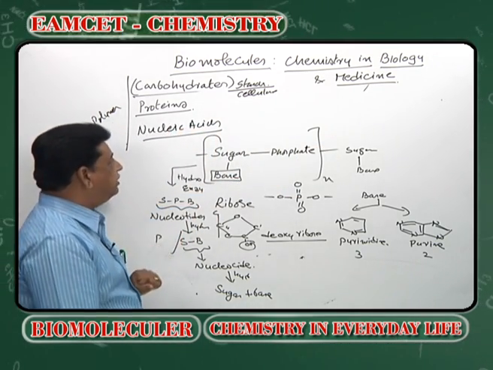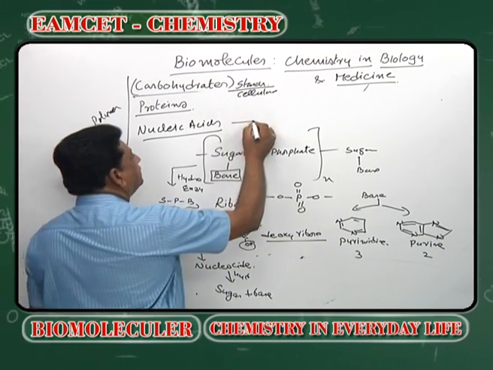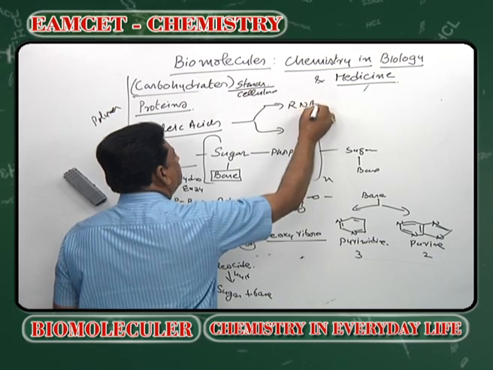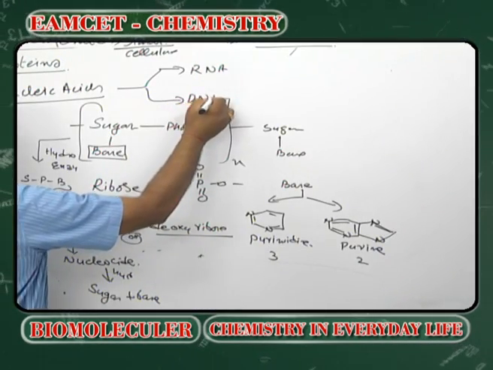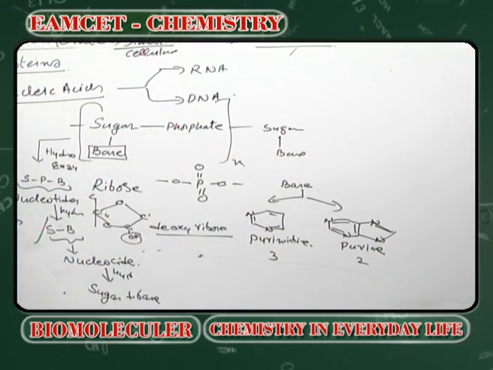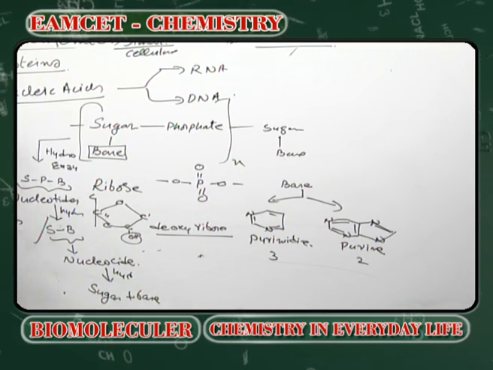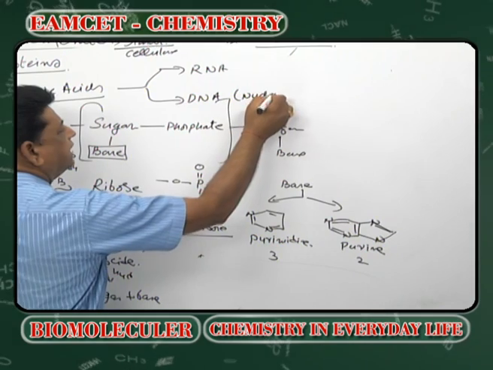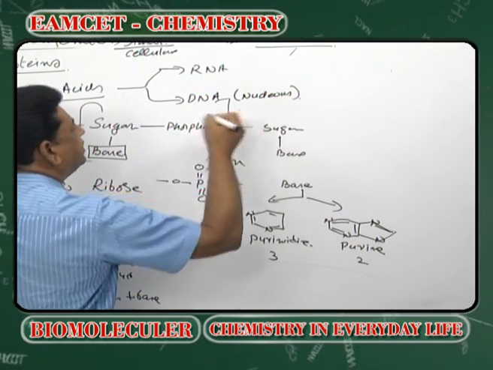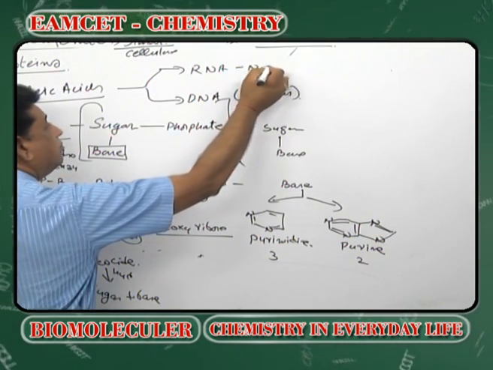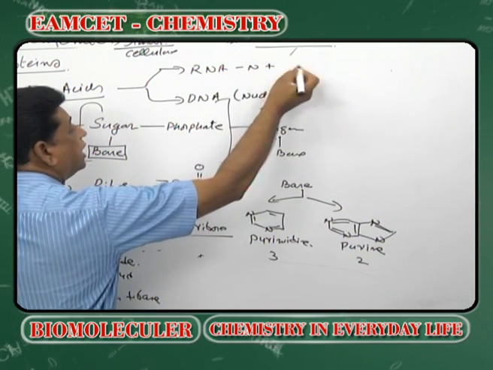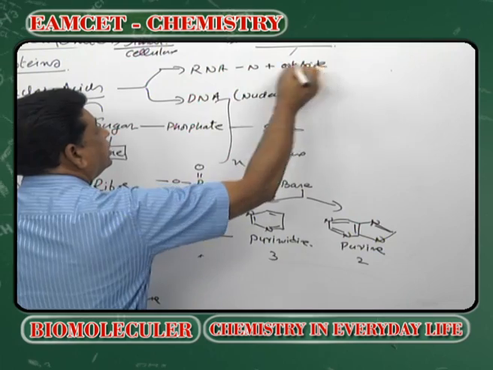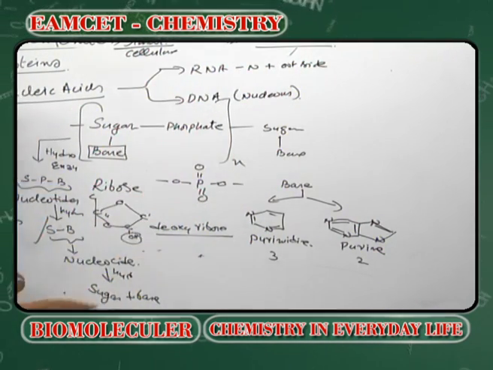What is the name of this polymer? The polymers are of 2 types. One is RNA and the other one is DNA. What is the difference between RNA and DNA? DNA is present in the nucleus. This is the first difference. RNA is present in the nucleus as well as outside the nucleus.